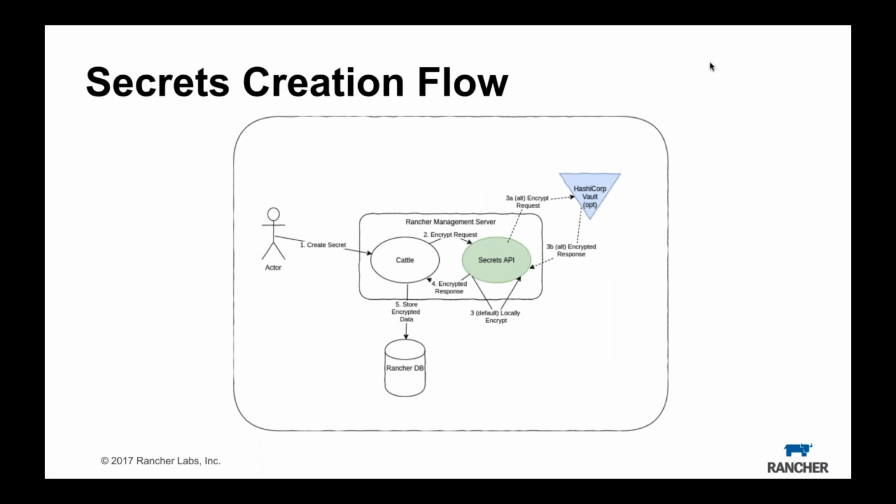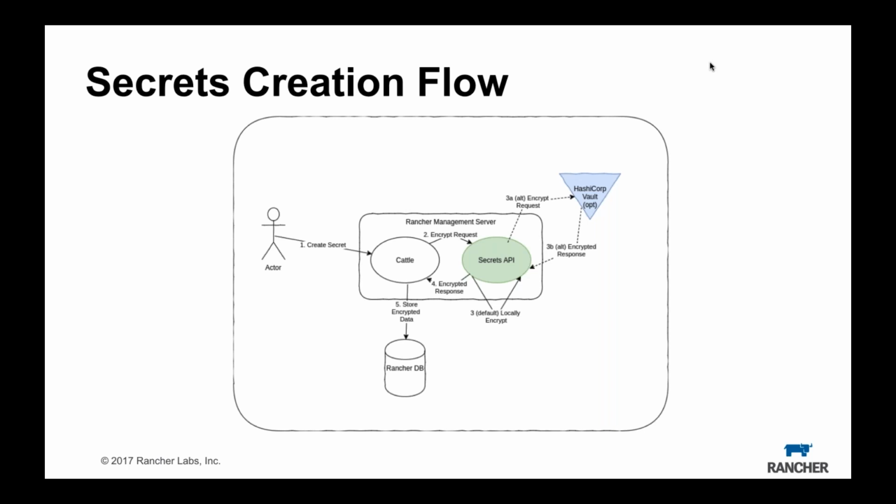All right. So the new secrets creation workflow: the user creates a secret. In this initial pass, it's currently in the UI, but plans to add it to compose and the CLIs are coming. So the user creates the secret.